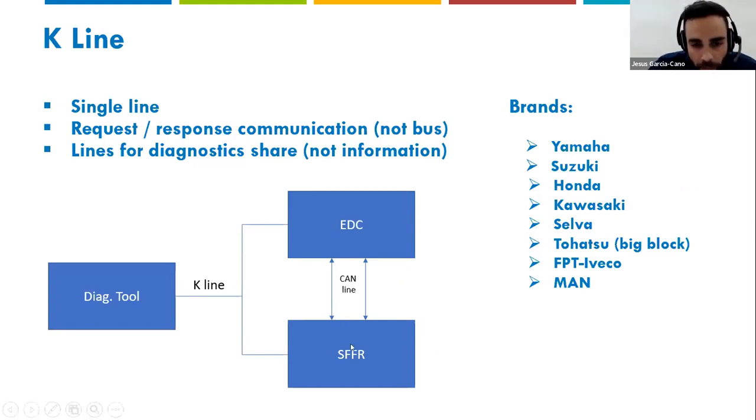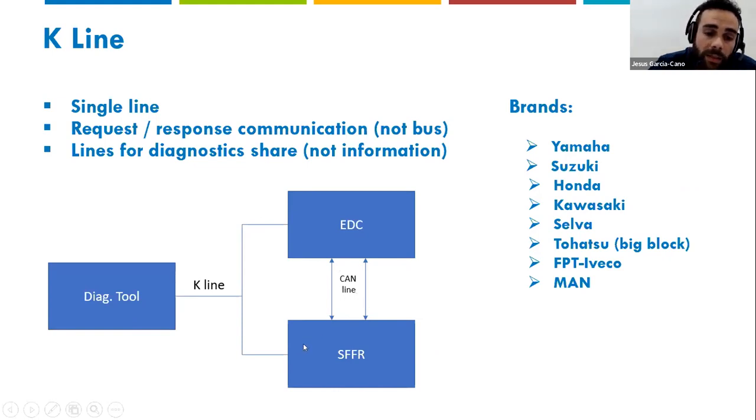Here we have 2 different control units, the electronic engine control module and SFFR, which is like a body computer. Okay, with just one line, we can make a diagnosis in one of these control units. And the communication to share information between control units is by CAN, but this CAN is not for diagnosis.